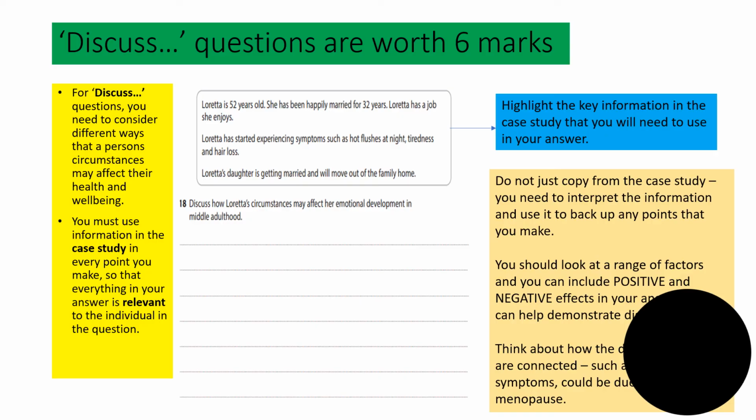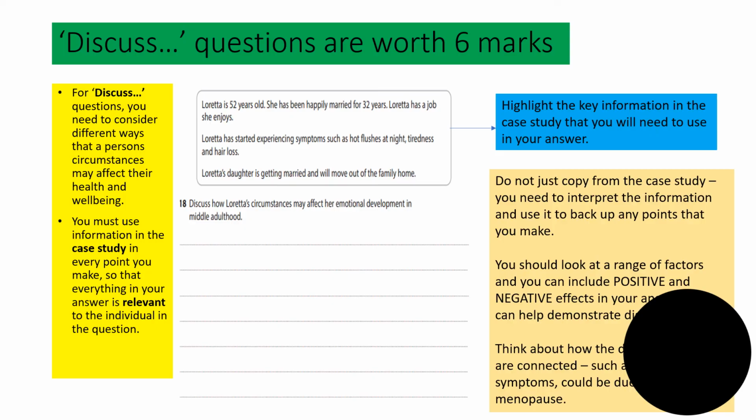Highlight any key information to start with, but don't just copy from the case study. So you don't just say, Loretta is happily married, because that's what it states in the actual stem, in the actual question. You need to interpret the information and use it to back up any points you have. You should look at a range of factors and include positive and negative effects in your answer.